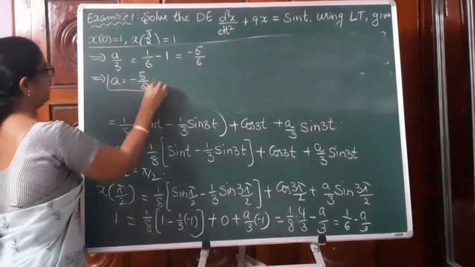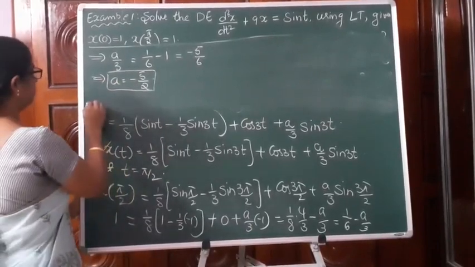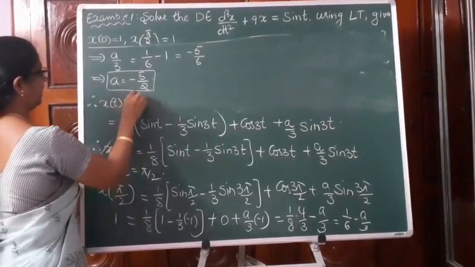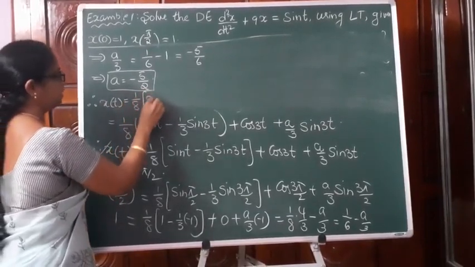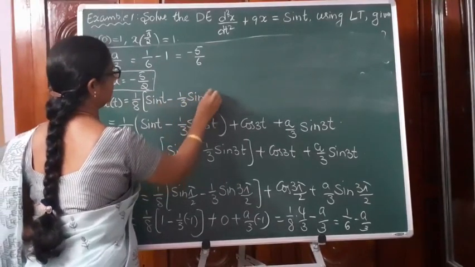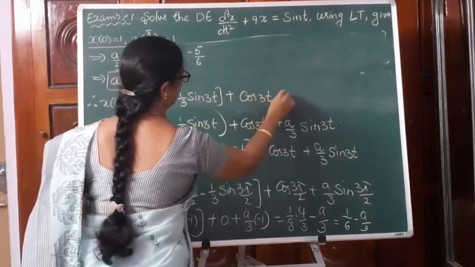This is a. Now we substitute the value of a in the solution. Therefore, x of t is now equal to 1 by 8 times sin t minus 1 by 3 sin 3t plus cos 3t plus a by 3.